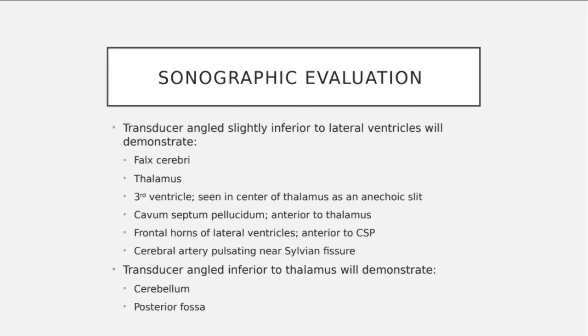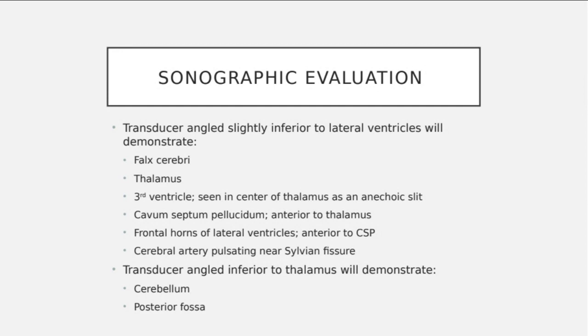In order to get a head circumference and a biparietal diameter, which we'll talk about in a second, you need to demonstrate 4 structures. You need to demonstrate your falx cerebri, your CSP, your thalamus, and your third ventricle. You need to have all of those structures in your picture.